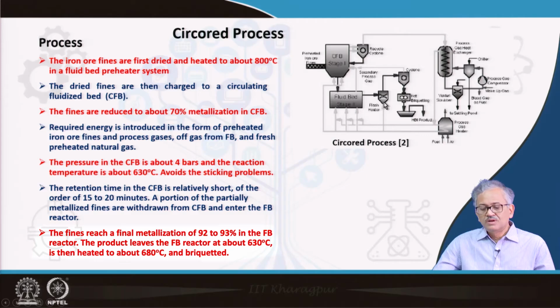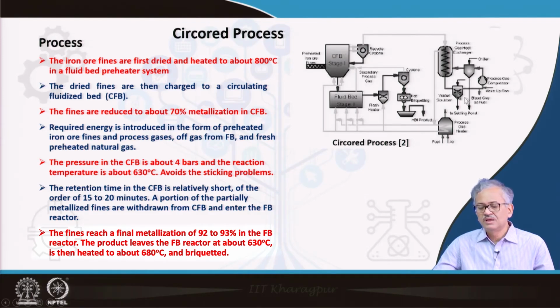And the product leaves the fluid bed reactor at around 630 degrees centigrade and is reheated to 680 degrees centigrade and briquetted. Briquetting requires a little more temperature, a little soft material. So again, this final product goes through the flash heating, the cyclone, and then it goes to the hot briquetting.